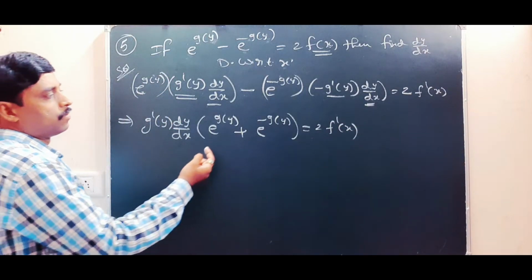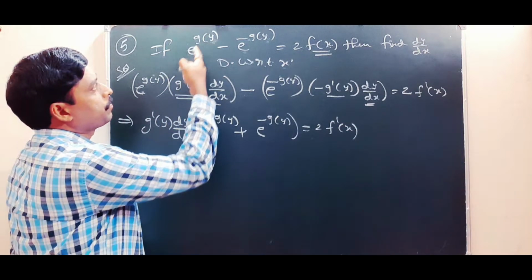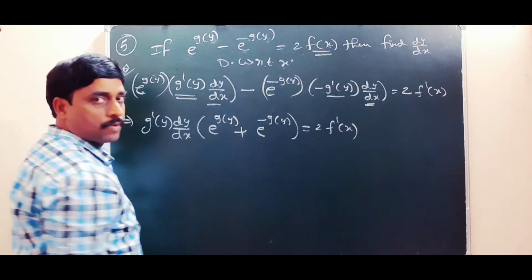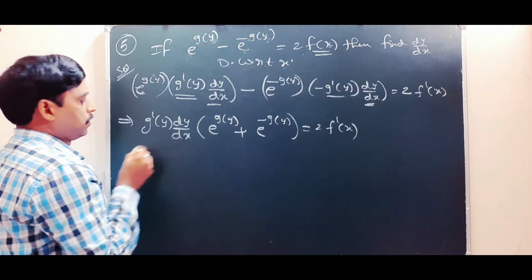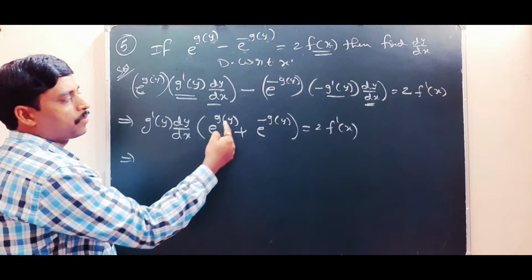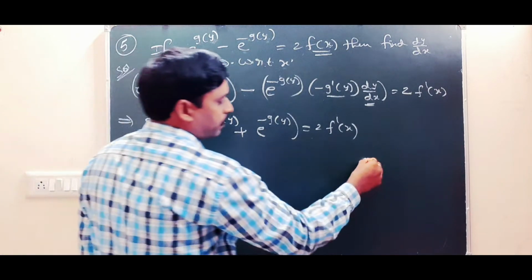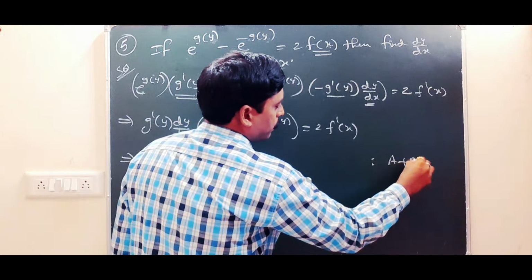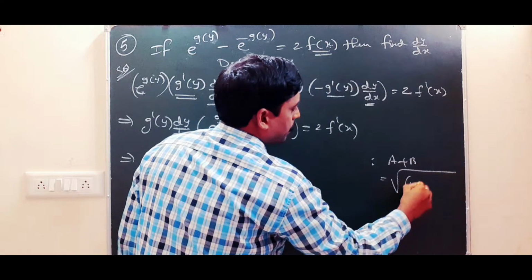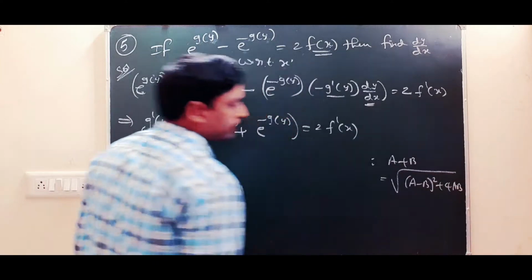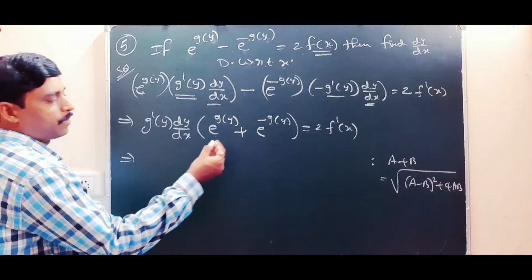But we have e to the power g of y minus e to the power minus g of y value 2 times of f of x. In this e to the power g of y plus e to the power minus g of y, we have one formula: a plus b is equal to root under (a minus b) whole square plus 4ab. Okay, we should apply that formula.